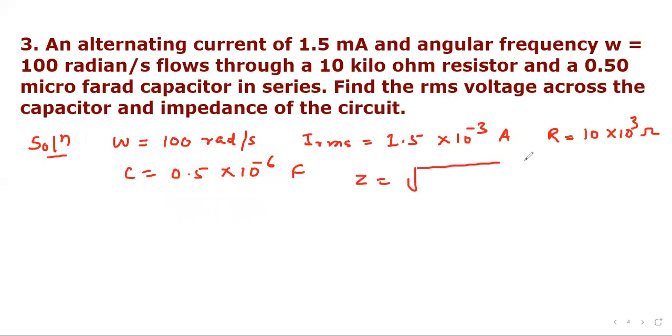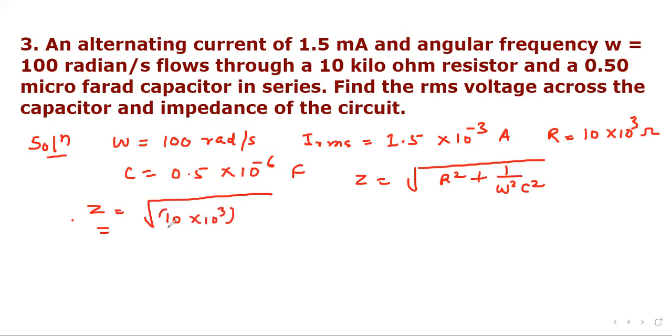Z equal to root of R square plus 1 upon omega square C square. Put the values. So Z equal to root of R is 10 into 10 to the power 3 whole square plus 1 upon omega square means 100 square multiplied by capacitance 0.5 into 10 power minus 6 square.